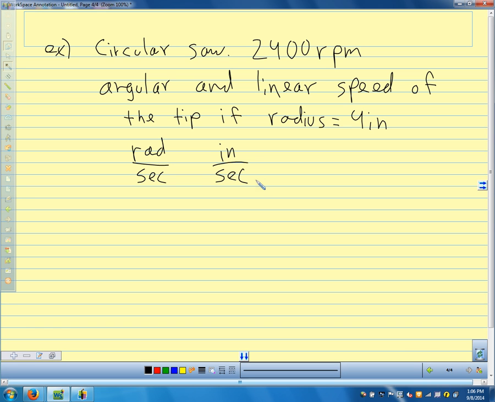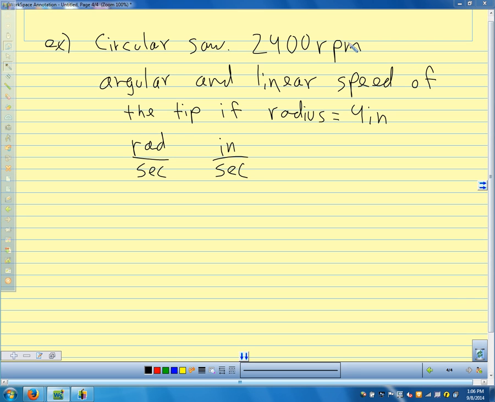Often in linear and angular speed questions, what is challenging is not the concept, but unit conversions. So we need to keep track of our unit conversions. 2400 RPM. What does RPM mean? Rotations per minute.